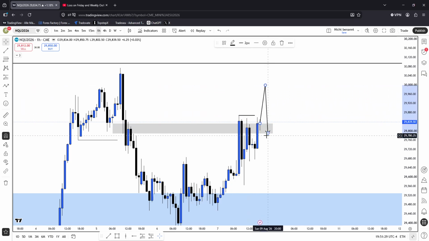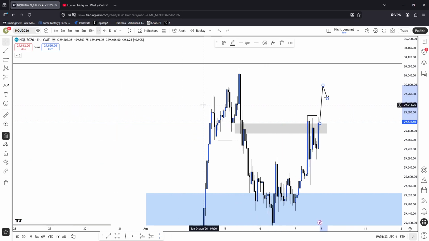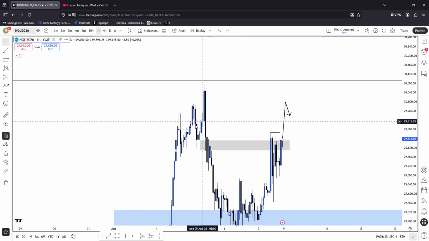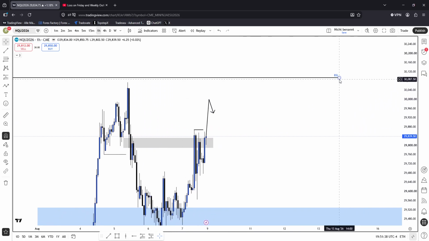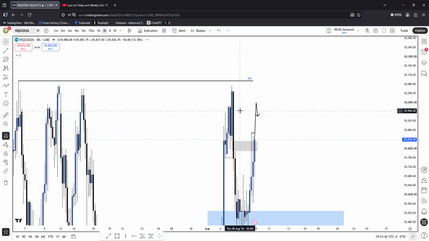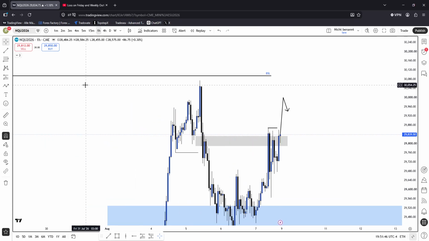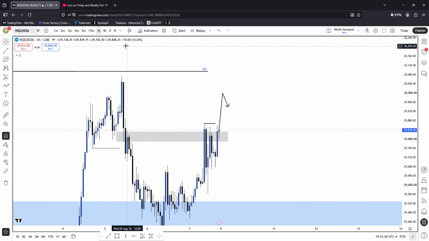I want to see us displace through this level and get a significant close above these bearish fair value gaps here, so I can confidently say that we will go hunt these buy stops here.